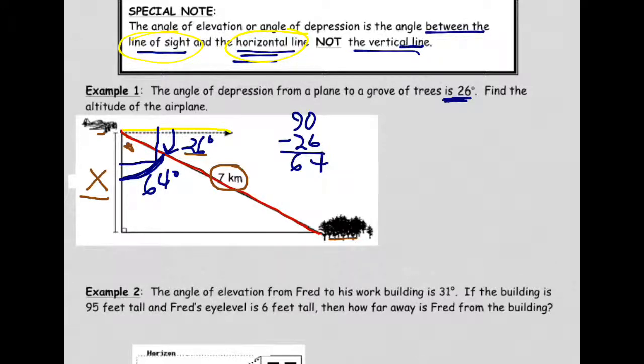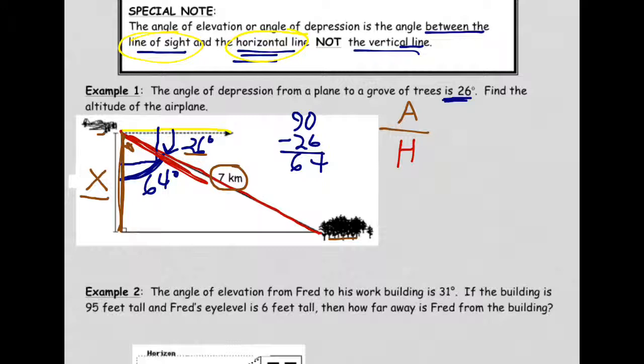Okay, now we have enough to set up a trig function, and we have the hypotenuse that we know of right here. So we've got the hypotenuse, and we've got the side that's touching my angle, and so that's going to be the adjacent side. And what is adjacent over hypotenuse?